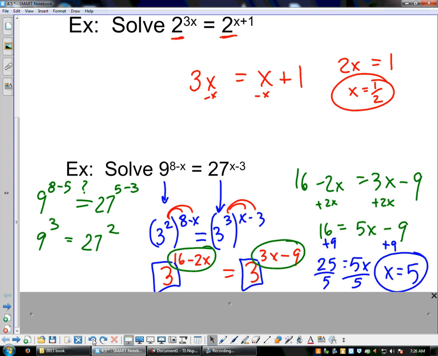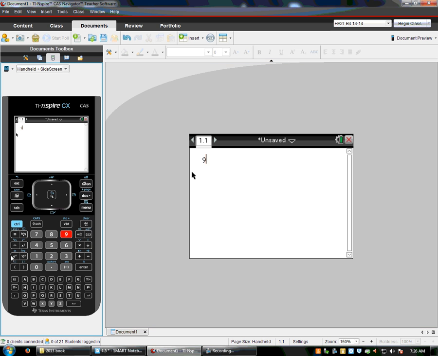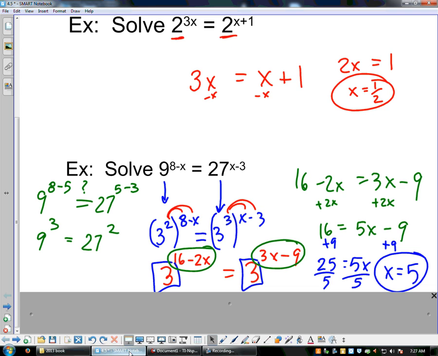Is 9 cubed equal to 27 squared? On a calculator page, 9 raised to the 3rd is 729, and 27 squared is also 729. So it does work.